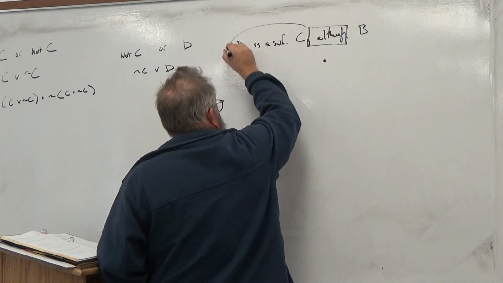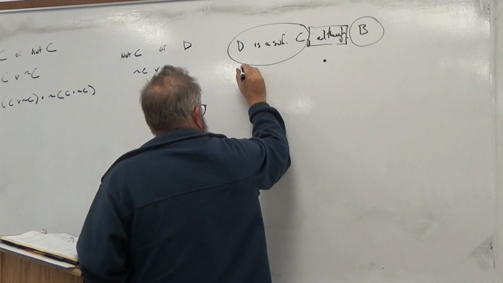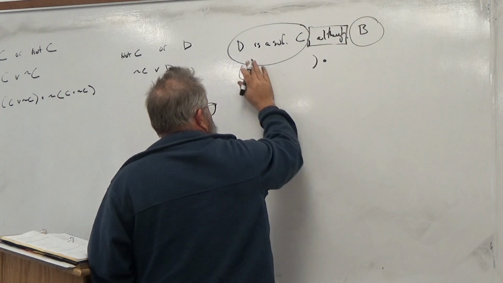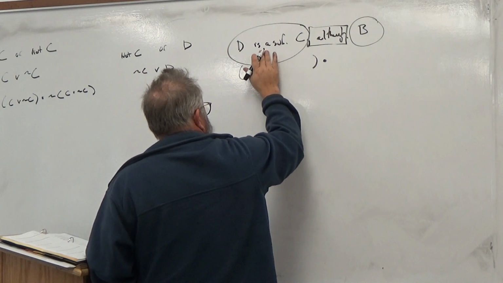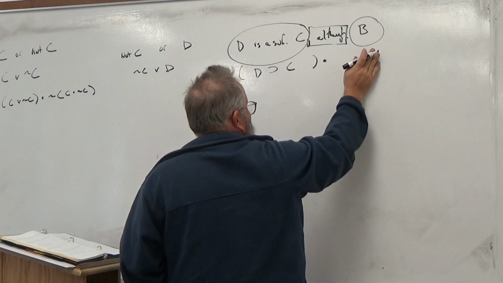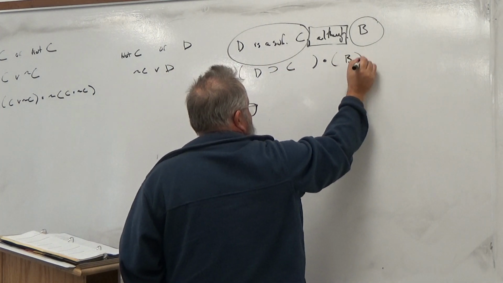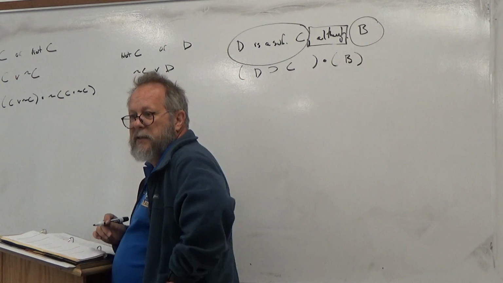So all of this is one conjunct, all that's another conjunct. So let's keep it together by putting parentheses around it. Is a sufficient condition for, is it conditional? And the order stays the same, D, then C. Over here we have that. Okay, that was 19.